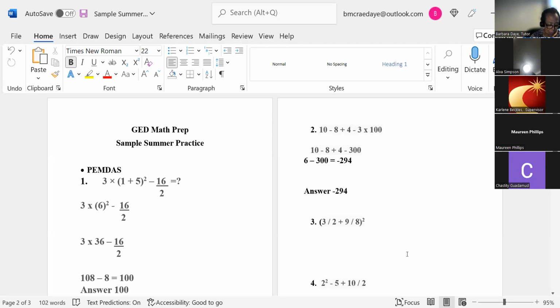Okay, so is it 4 to the second power? No, a fraction, you wouldn't have a power. We got to use the power too.